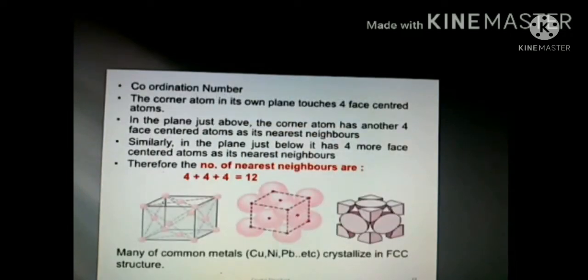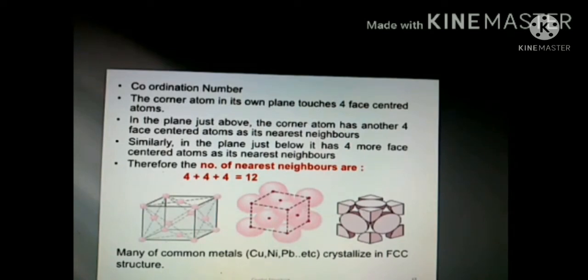Next is FCC, the face center cubic structure. Besides the corner atoms, it contains face centered atoms: 1, 2, 3, 4 on one plane.